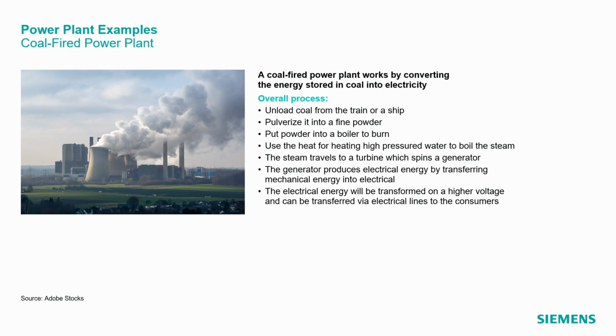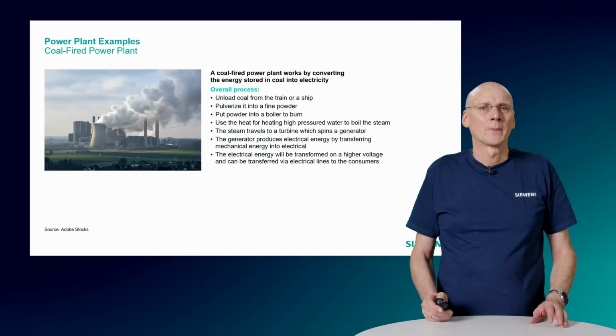The thermal energy generated by burning coal is used to heat water in a boiler and make steam out of it. This steam drives a turbine which forces a generator to rotate, and finally this rotating energy is converted using magnetic inductivity into electrical energy of a certain current and voltage depending on the used generator.